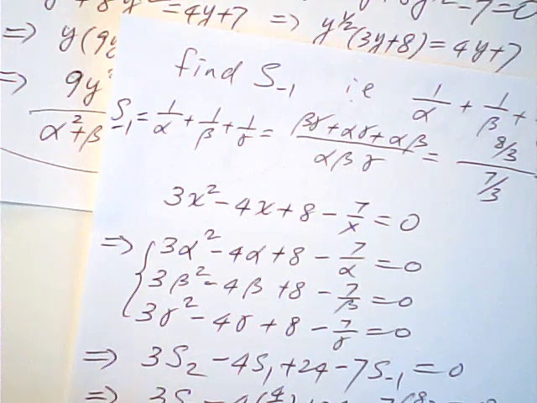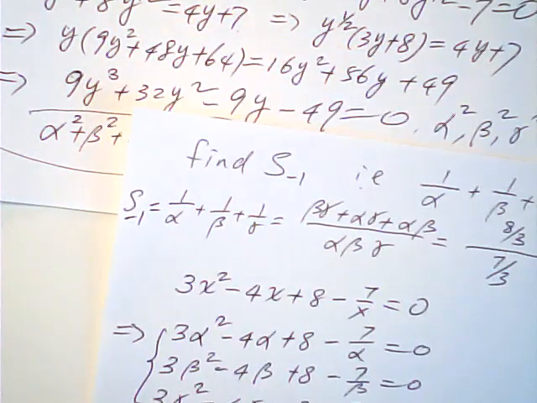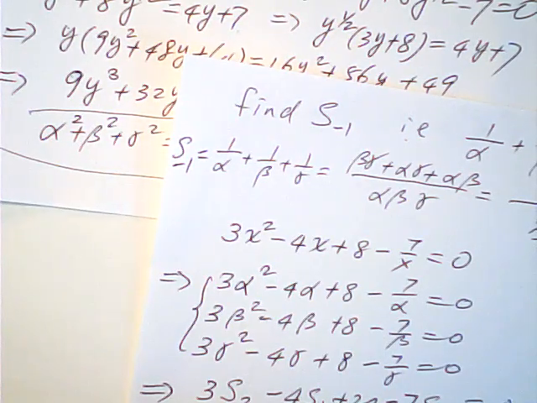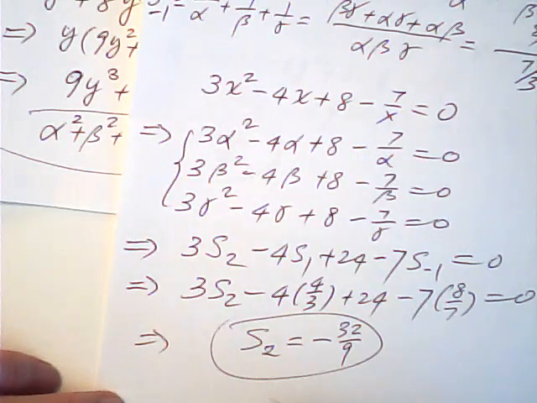And from this, we can find S2 now. S2 is equal to negative 32 over 9. Okay, we can also find S2.